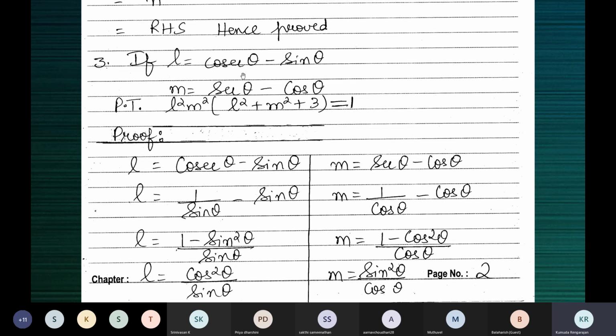But this is better, because why substitute and then do the simplification in that lengthy expression? Instead of substituting for L and M in the LHS, it's better you simplify the expression given for L, simplify the expression given for M, and then substitute.